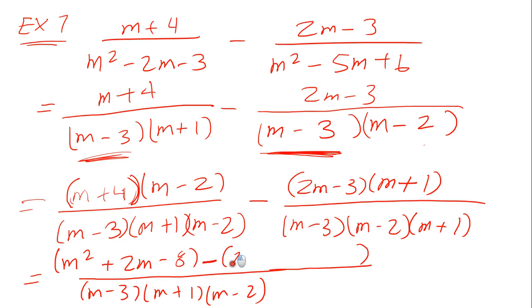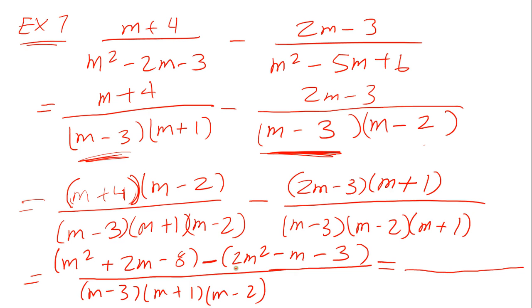So we have 2m squared plus 2 minus 3 is minus m minus 3. Alright. So you got to be very careful to group this whole thing together. Otherwise, you're just going to subtract the first term and make a mistake. So let's see if I can squeeze this over here.